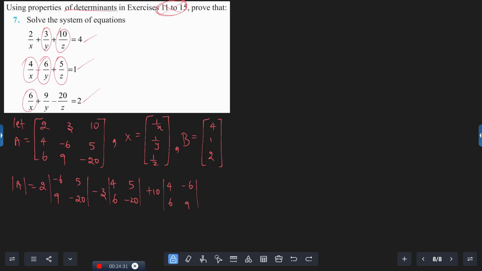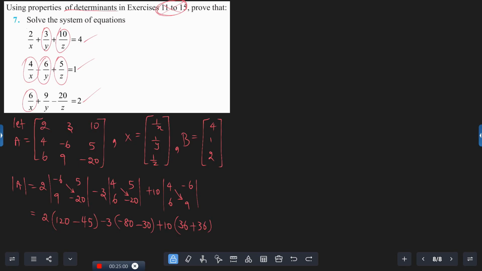If you simplify, you will be getting, right? Listen, 2 into 6 in minus and minus plus 6 to the 12 means plus 120, minus 9 5s are 45, minus 3 into 4 2s are 8, so minus 80, formula minus 6 5s are 30, plus 10 into 9 4s are 36, formula minus 6 6 are 36 again, minus and minus plus 36.